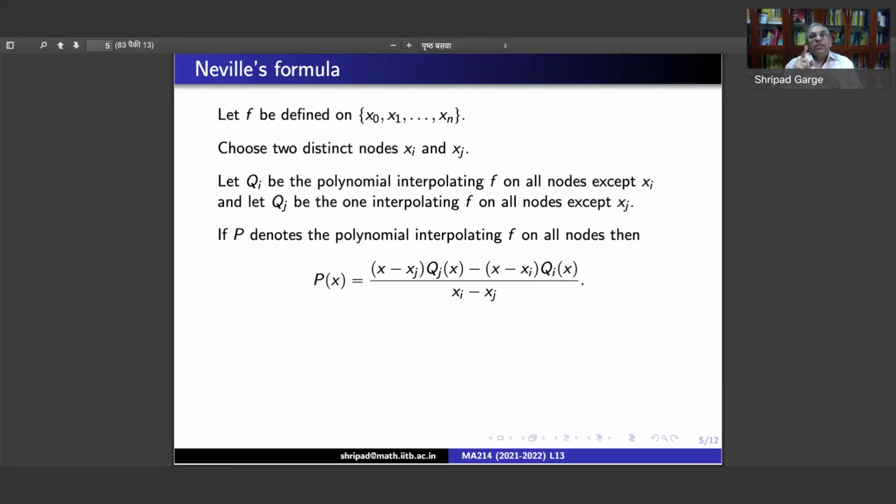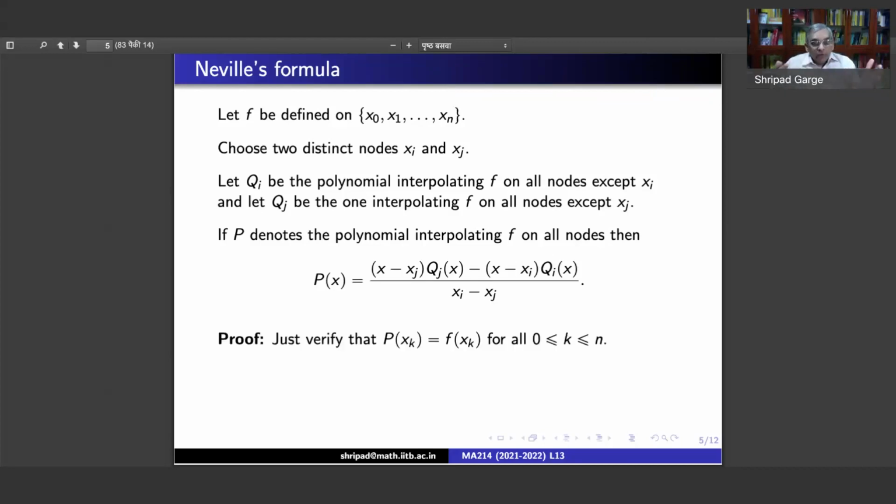And if you are ever in doubt about what the denominator should look like, whether it is xi minus xj or xj minus xi, you should just take x minus xj and x minus xi and take the difference and see what you get. That should be the one in the denominator. You should also note that for qj, you will have x minus xj, and for qi, you will have x minus xi. These formulae are very easy to remember if you note some of these small things here and there.